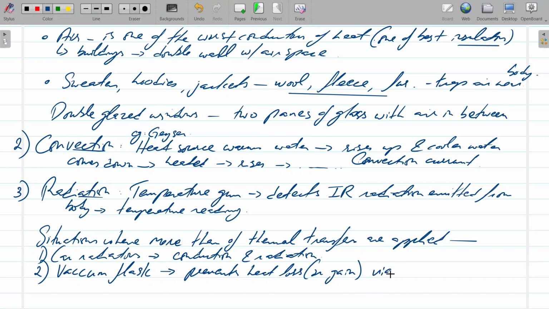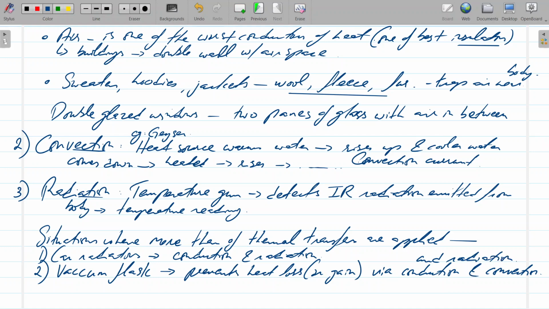via conduction and convection. And so how is that happening? The surfaces inside are shiny, and so that's also preventing radiation. So let's include radiation. All three are in play over here, in this case to insulate.